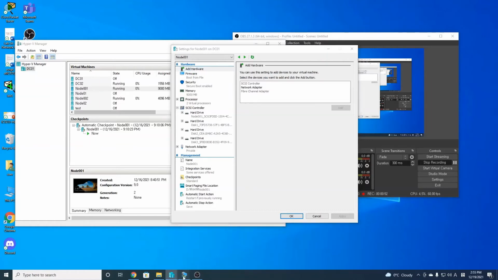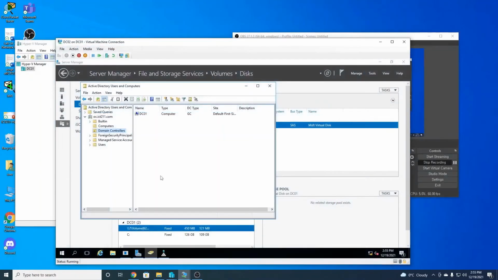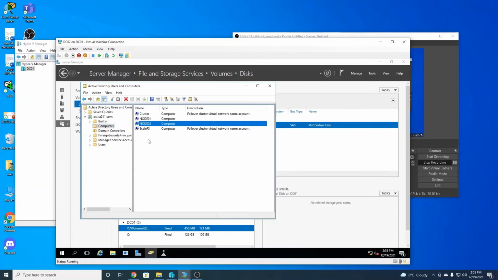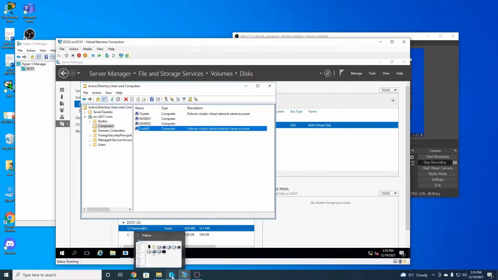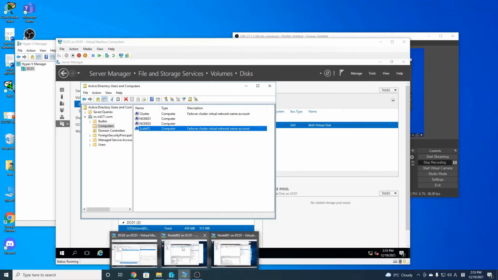Let's look at the domain controller. I have two servers, node 1 and node 2, which are domain joined, and I created one cluster and a scale-out file server. And let's look at node 1.